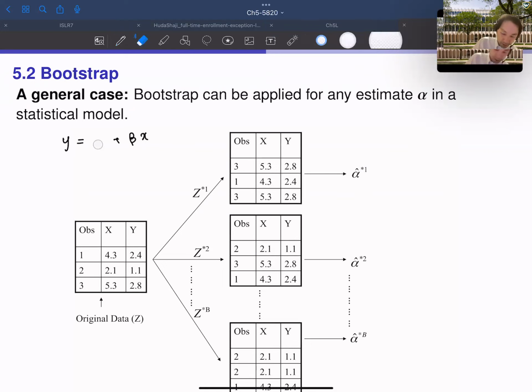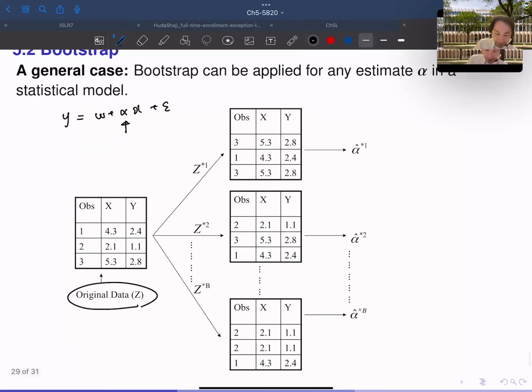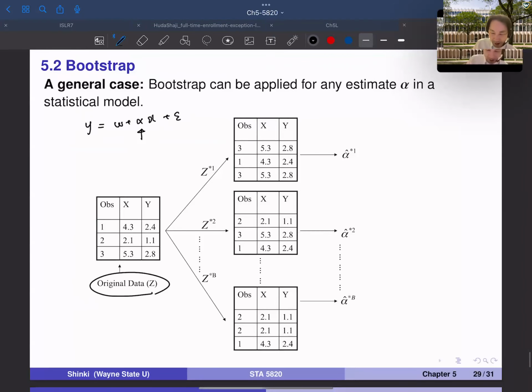Maybe we use different notation, omega plus alpha x. Then we want to estimate how reliable this alpha is. The original data set is here. This is a very simplified example, with only 3 observations to estimate the linear model.